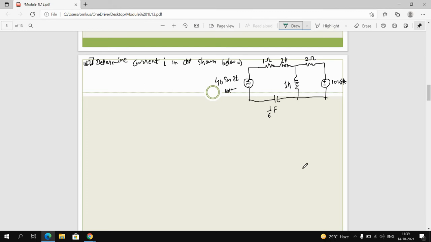Which theorem is very useful for calculating the current through this branch, the 1 ohm, 1 Henry inductor? Now see, here both AC voltage and DC voltage are given. So here the superposition is the best method for calculating this current, because in the superposition theorem we use only one source at a time, right?